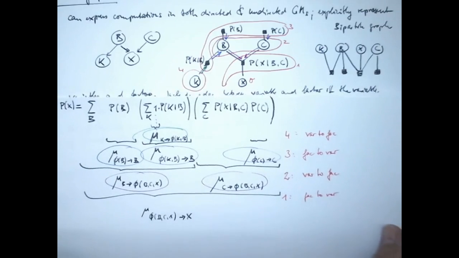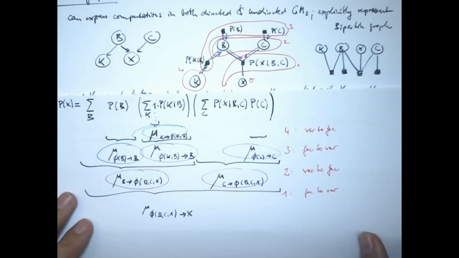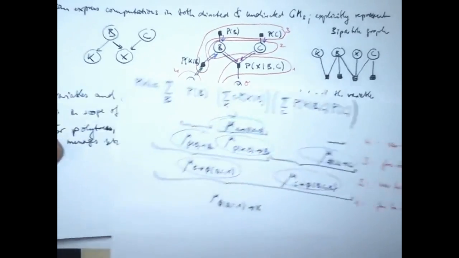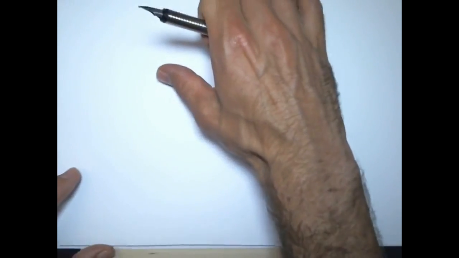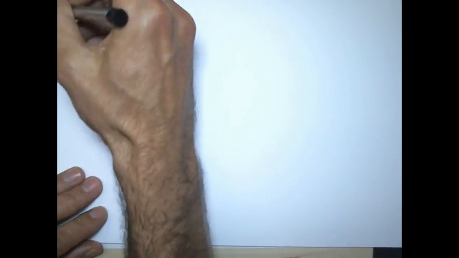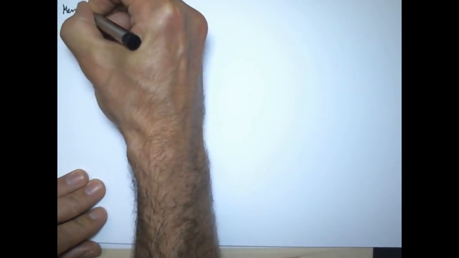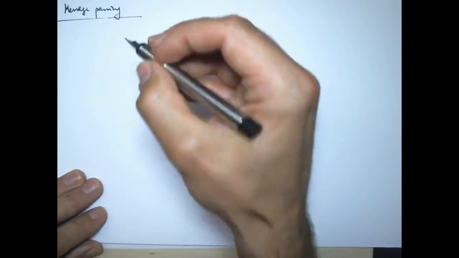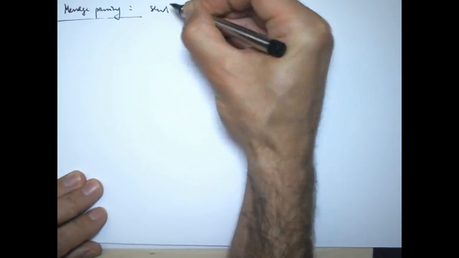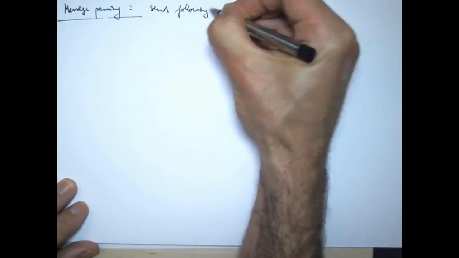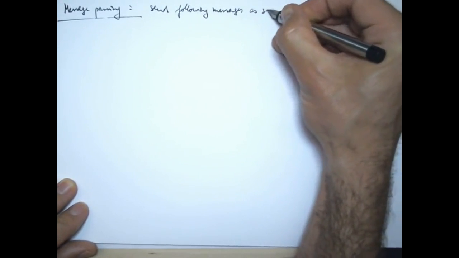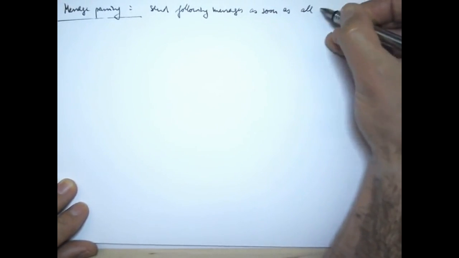Okay, so now this was for one specific example. I want to write down the algorithm in general. So in message passing, we send out the following messages as soon as all the required input is available.